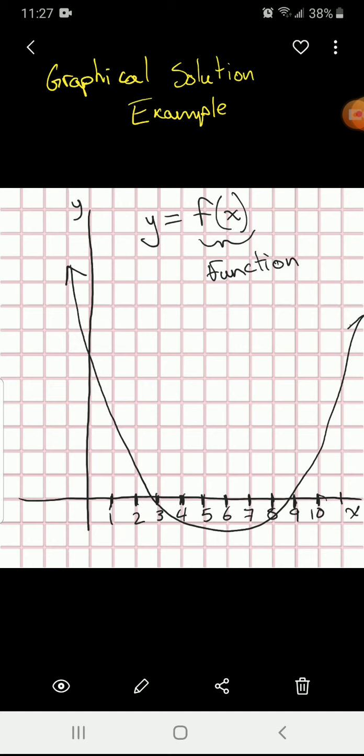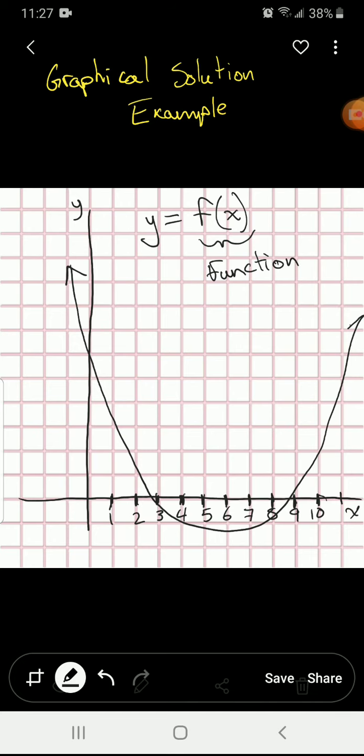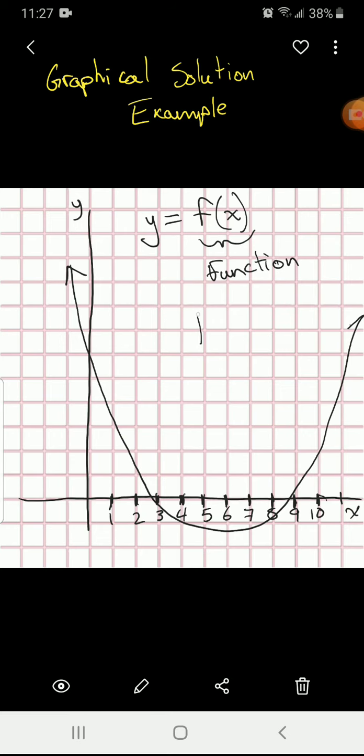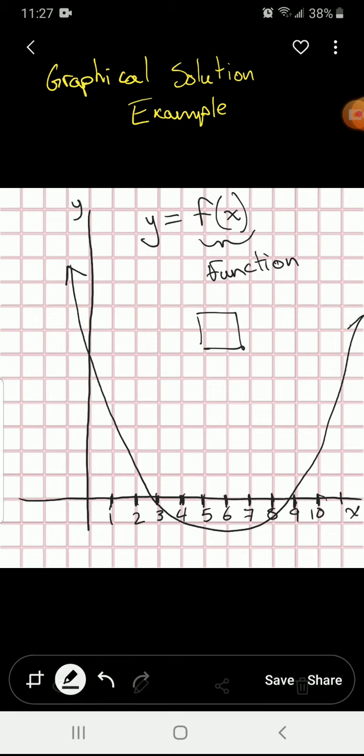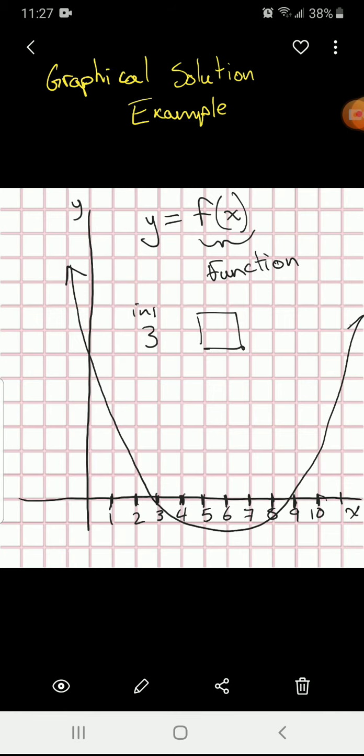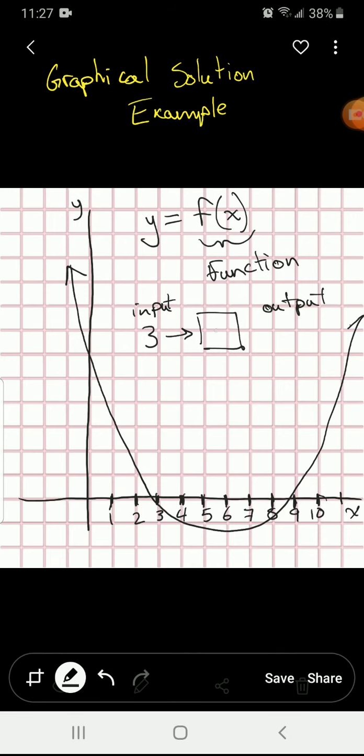If you remember functions from year 7, you'd have a function machine. You'd put in your input and get your output. Put something into the function machine.